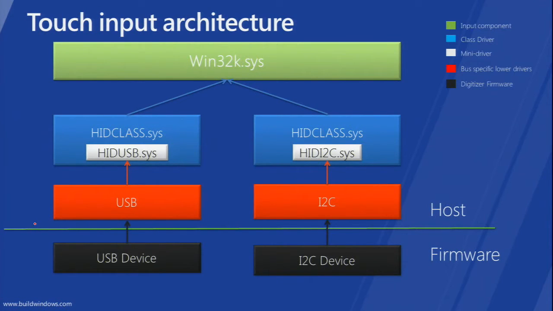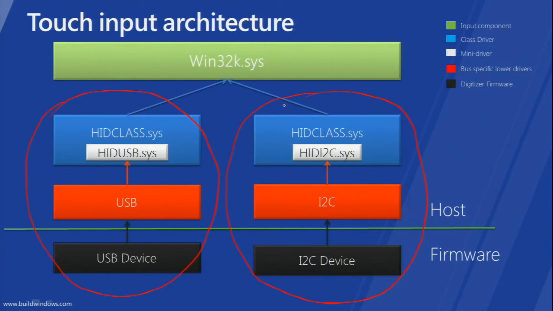So what we're looking at right now is the touch input architecture for Windows 8. I'll just walk through the diagram from the bottom. If you look at the bottom, we actually have two separate stacks here. If you look closely at the red part where it's clearer, there's a USB stack on the left, and then we also have the I2C stack on this side.